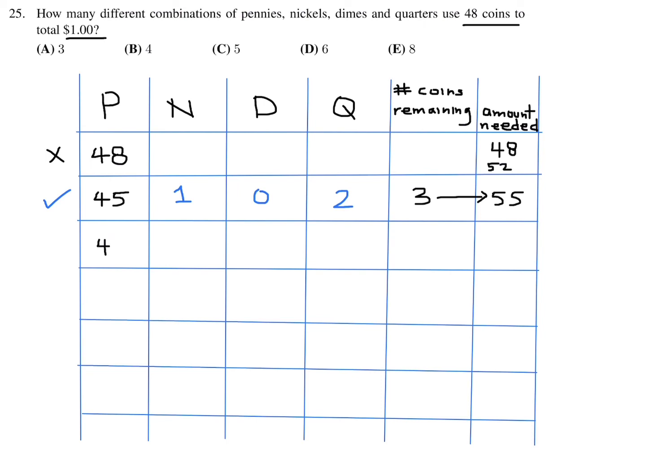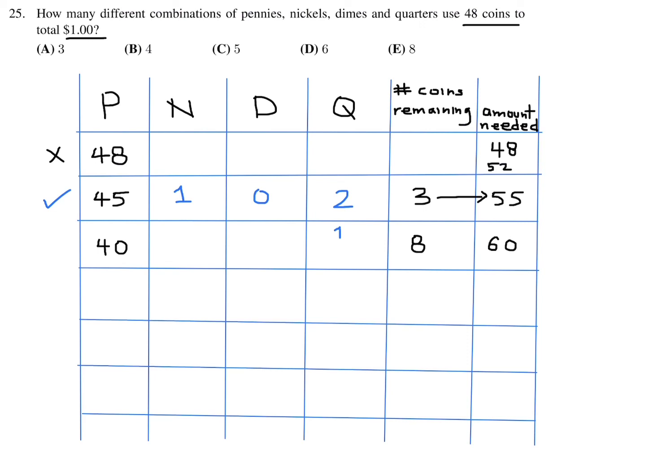All right, let's go down to 40 pennies. If I've got 40 pennies, that's 40 cents, amount needed would be 60. I've got 60 cents more that I've got to create. Now, how many coins do I have remaining? 8. With 8 coins, can I get 60 cents? Okay, I'm pretty sure I can.